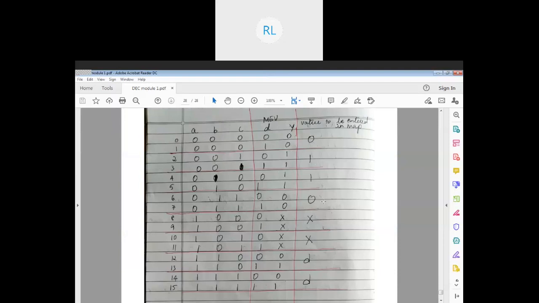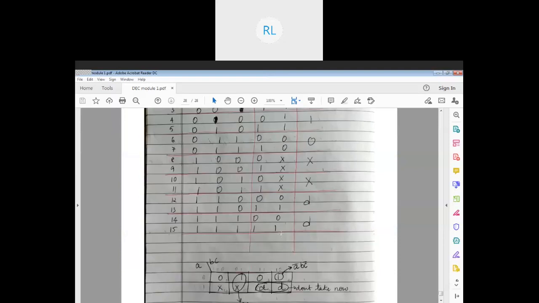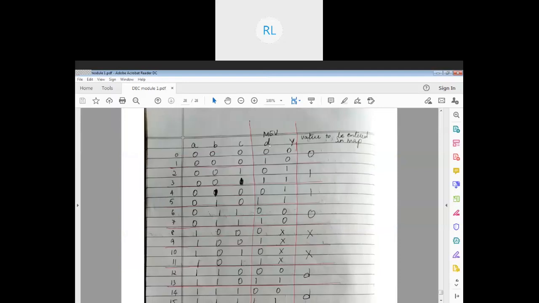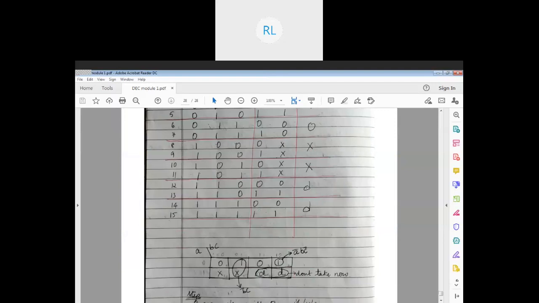So what is my value to be entered? 0, according to the rule. Then I have 1 here, so the value to be entered is 1. Then again I have 1 here, the value to be entered is 1. I have 0 0, both are don't care, so again don't care.